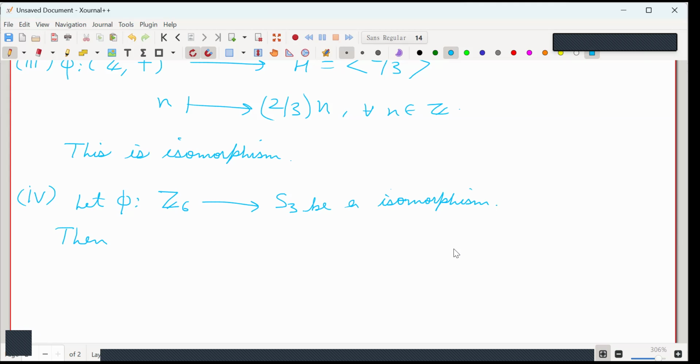I could map to a 2 cycle or I could map to a 3 cycle. Either way, if it's a 2 cycle, then the image of the generator times the generator should go back to identity. But this is a 6 cycle, so this won't happen.